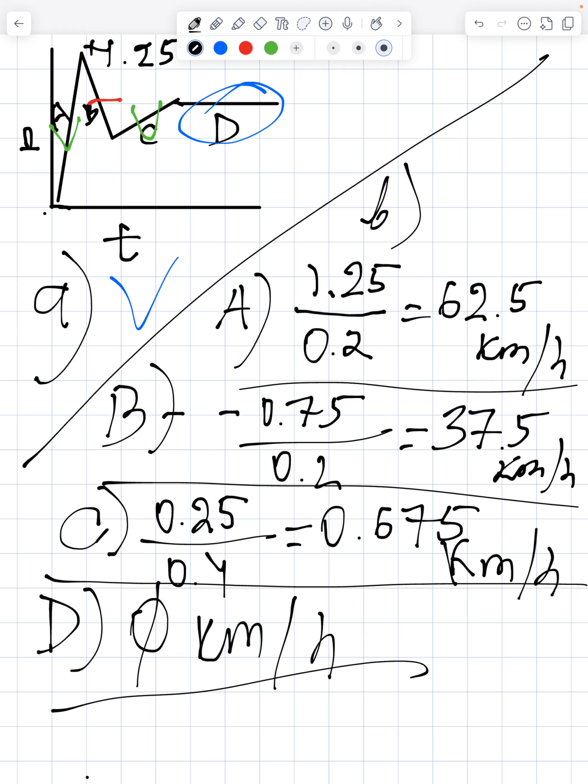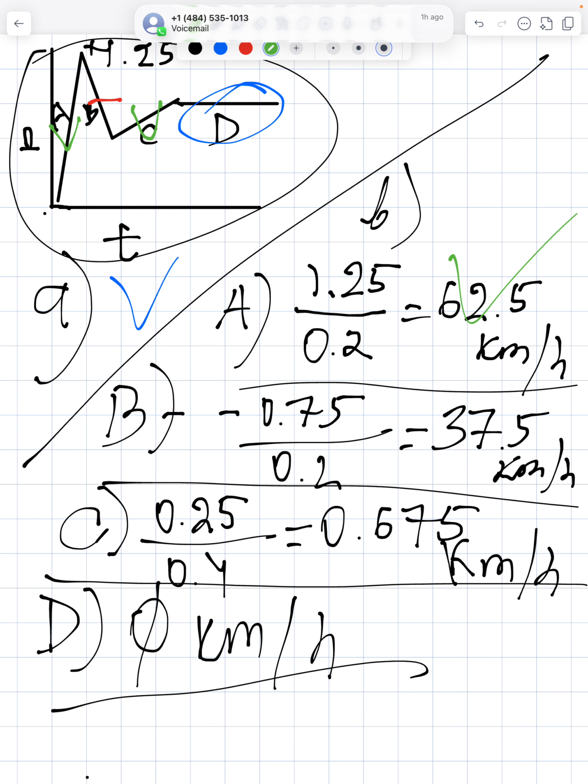If we look back on this graph right here, it confirms that the first one is positive. So this one is positive. This one is going to be negative. This one is going to be negative, and I wrote positive for some reason.